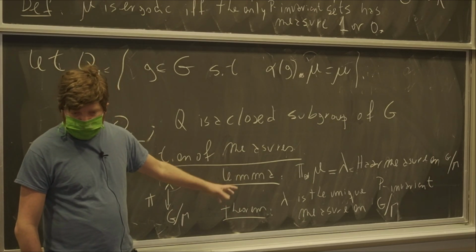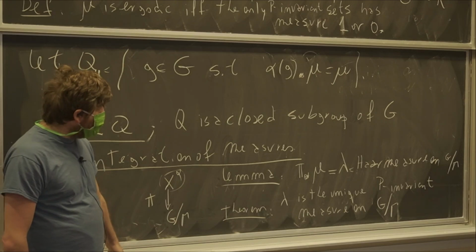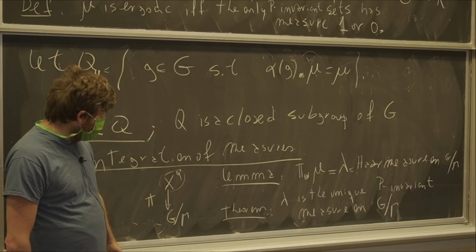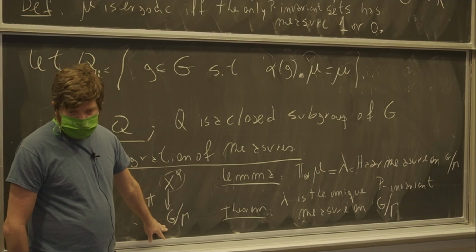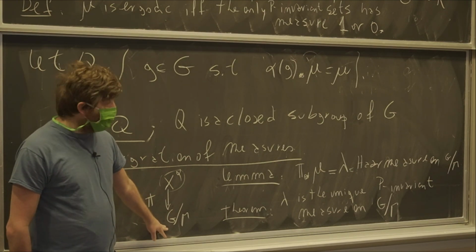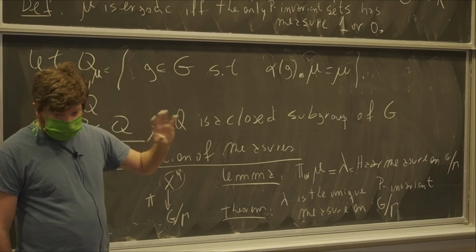So I could have done this. It doesn't really matter. The only thing I care about now is that this measure projects to some probability measure down here, which is called lambda, and it happens to be Haar measure, which will be useful later, not now.